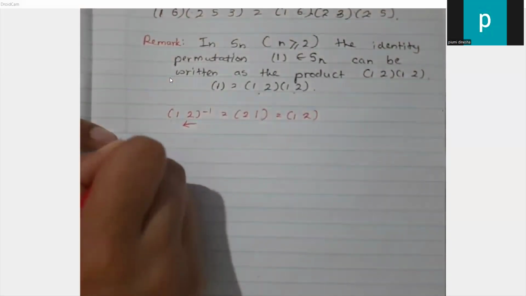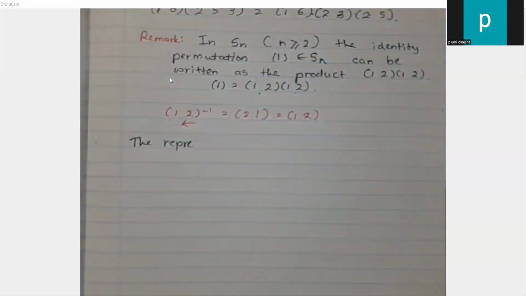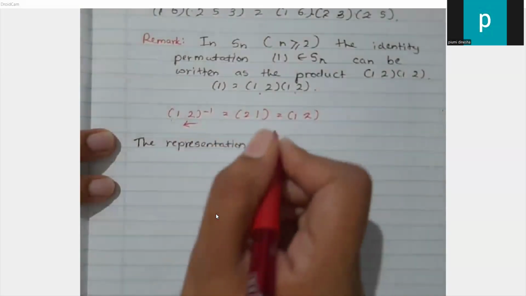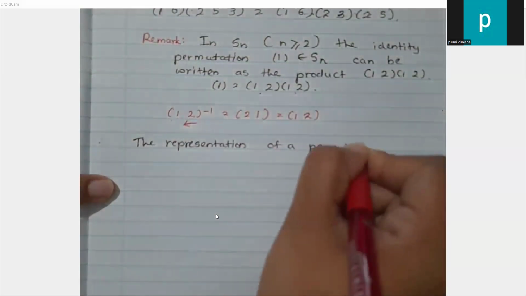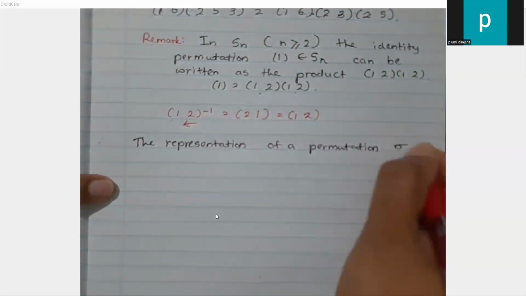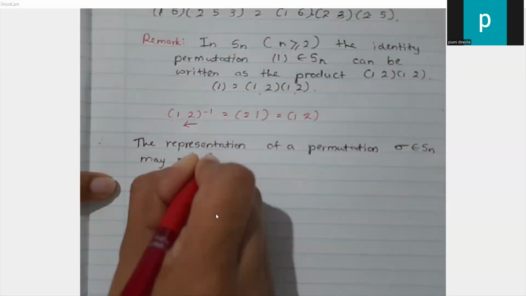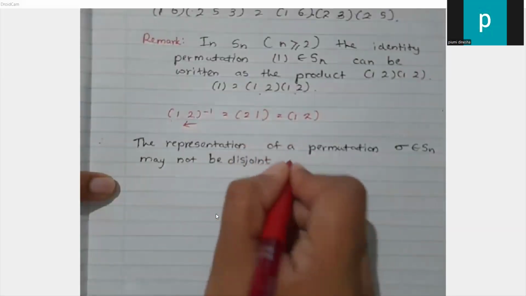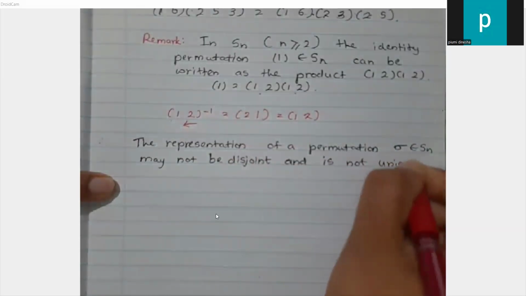So let me write it. The representation in Sn may not be disjoint, and it is not unique, right?